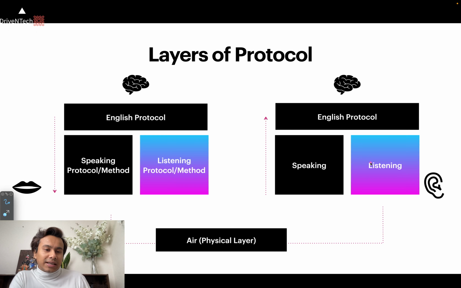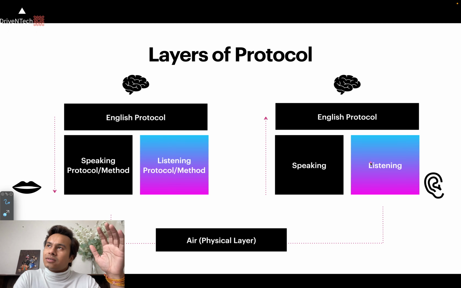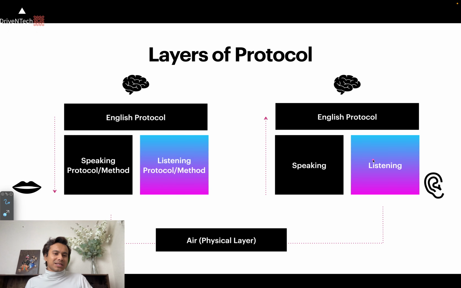This person should have a listening protocol enabled. So when we say something, it goes through the physical layer, the air, then the listening protocol, and it is converted to English and understood.